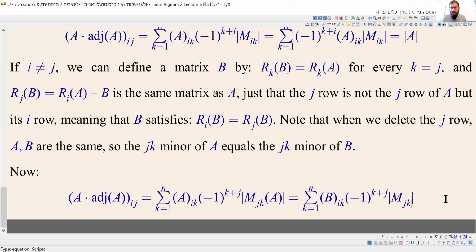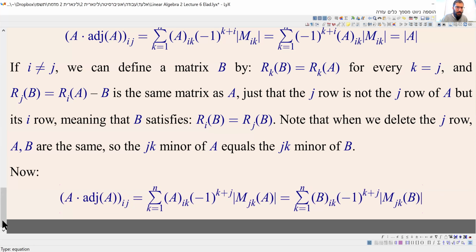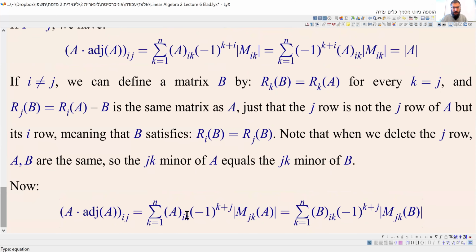Yet again, intuitively, here we have the formula for determinant, but using one row, the i row, for the elements, and the second row, the j row, for the determinants of the minors. Now, a determinant of a matrix with two same rows is probably zero, but formally speaking, we actually use this kind of matrix that is A all along the way, besides the j row, which is the same as i.